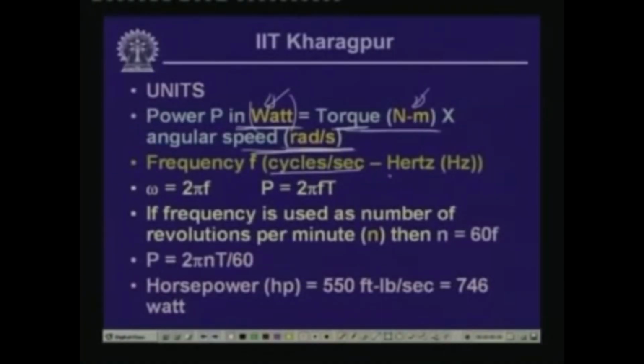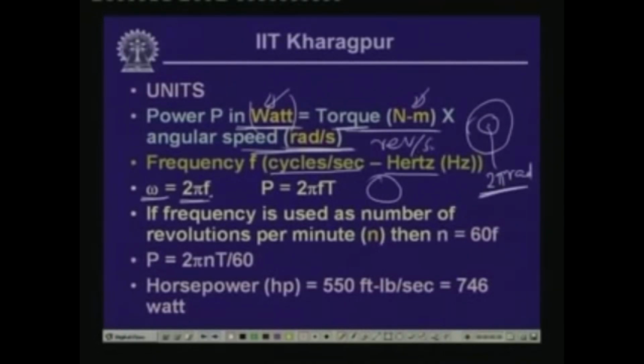Now, 1 cycle moves over 360 degrees, which is equal to 2 pi radian. So, we write this angular speed omega as equal to 2 pi f radian per second. So, f is cycles per second or 1 revolution per second. So, this gives 1 revolution equals 2 pi radian.